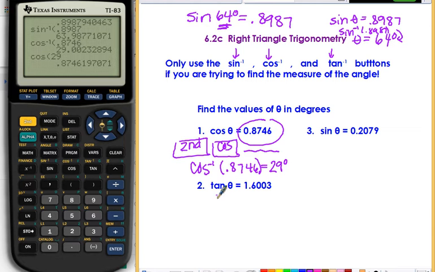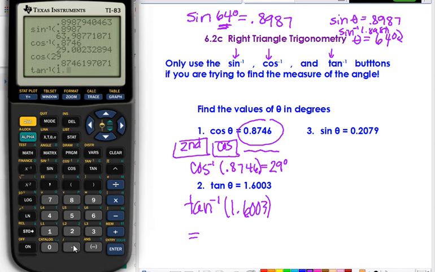Number 2. We want to know what angle has a tangent equal to 1.6003. So we hit second tangent. It's going to have the tangent with a -1, inverse tangent, and then we type in 1.6003. Hit enter, round to the nearest whole number, so that's 57.999.